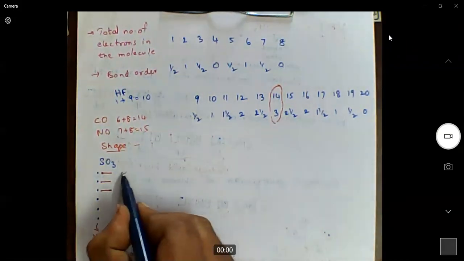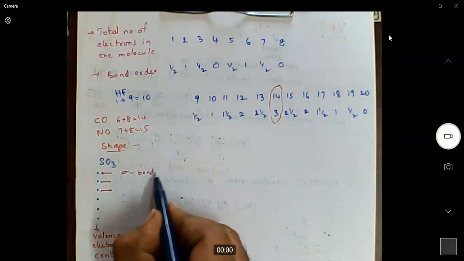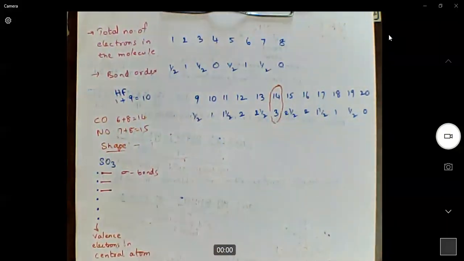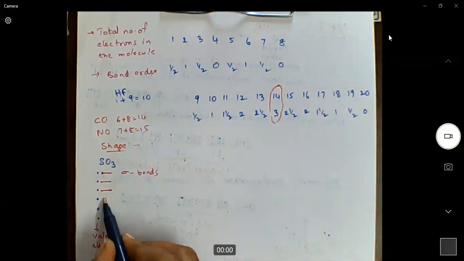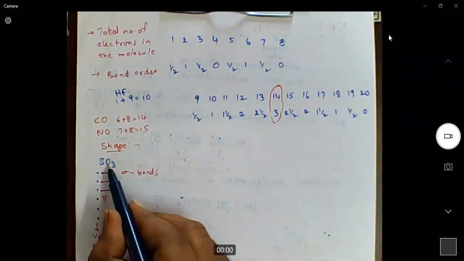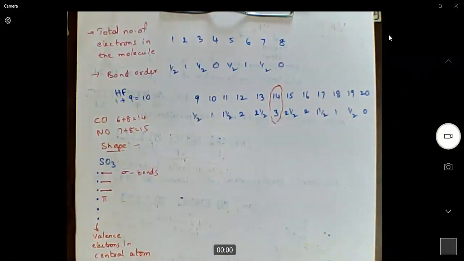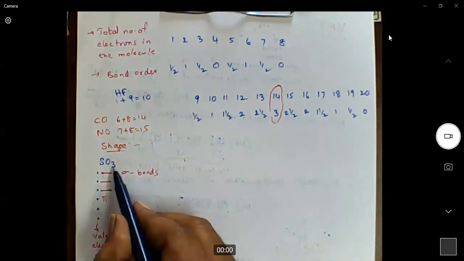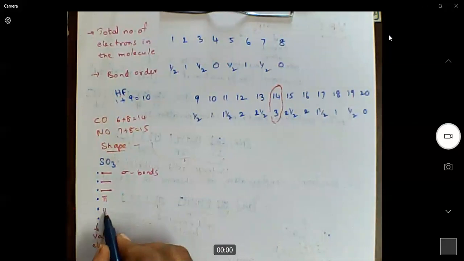These lines represent sigma bonds. Now, when oxygen is there, we must leave one electron for a pi bond, one electron for each oxygen. There are three oxygens, so we leave three electrons for three pi bonds.